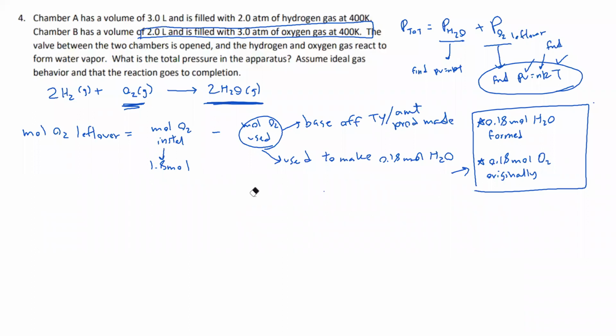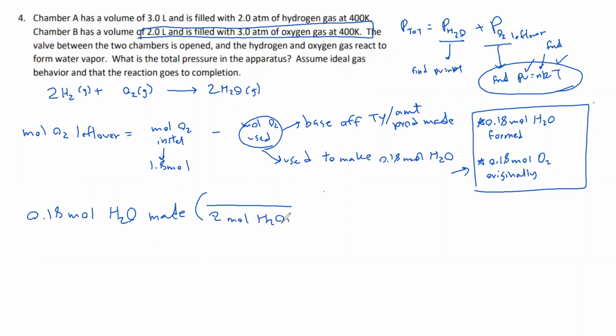All right, cool. So let's go ahead and do that. We know that we have 0.18 moles of water made. And we're going to use our balanced equation to help us connect moles of water made to moles of oxygen used. We see that for every 2 moles of water made, there's 1 mole of oxygen that's used.